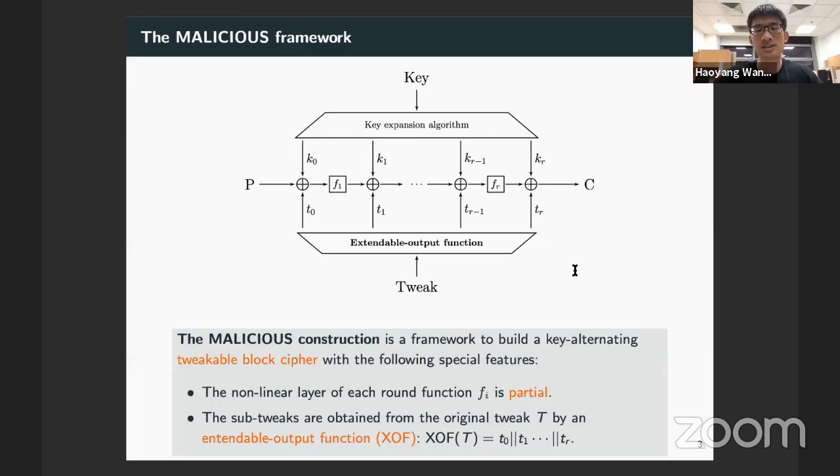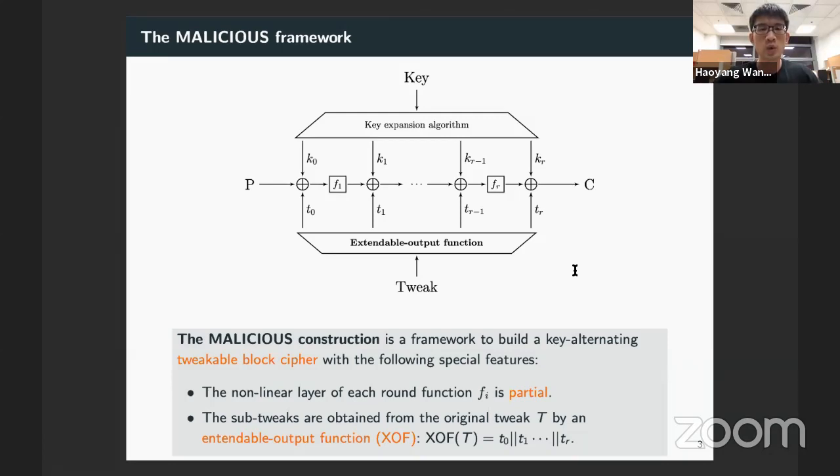And this general structure looks normal, but it has two special features. Firstly, the round function has a partial nonlinear layer. That is, for each round, a part of the internal state will bypass the nonlinear layer and will directly go to the linear layer.